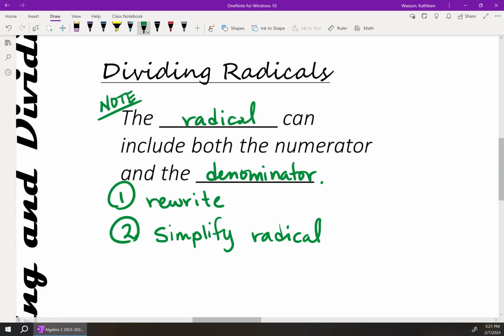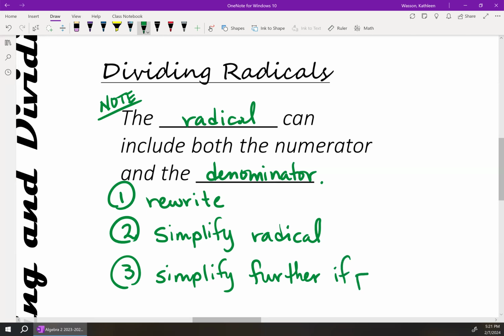And then we will simplify the fraction, simplify further, if possible. Okay, let's rewrite as one radical.